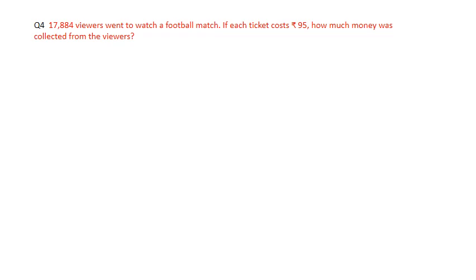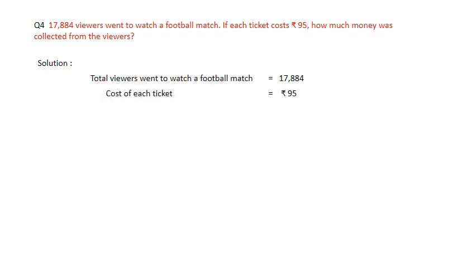Let's write down the solution. First what have we written? Total viewers who went to watch a football match. Then cost of each ticket. Then we want to find out total amount collected from the viewers. So we are going to multiply here. Let's do the multiplication. Okay, now we have written this in vertical form.